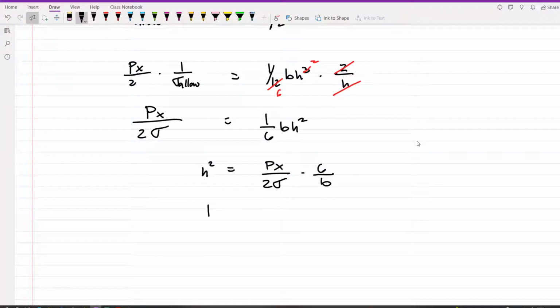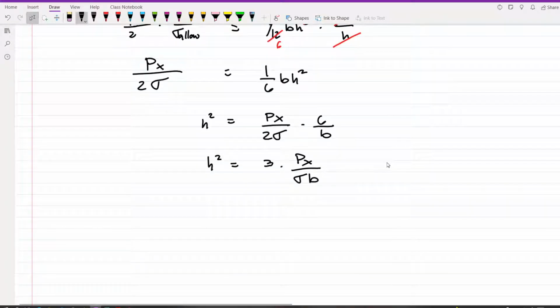Okay, so magiging h squared is equal to 3 kasi 6 over 2, px over sigma b. Okay. So, ayusin na lang natin. H squared is equal to 3px over sigma b.